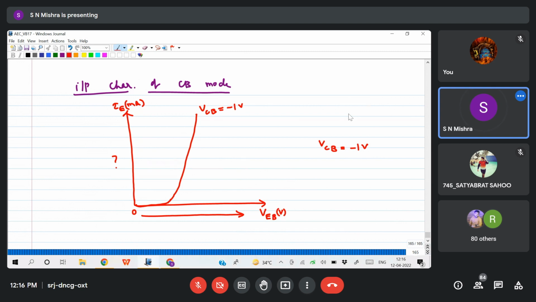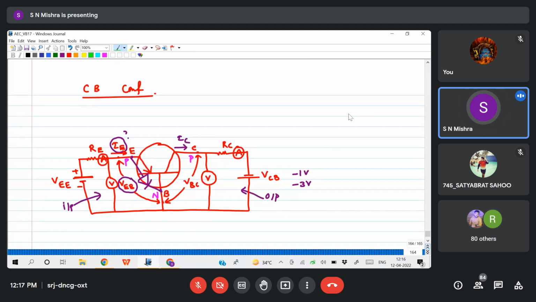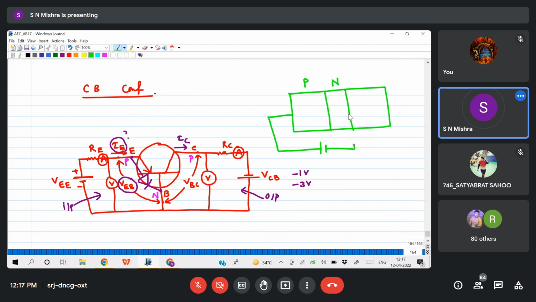Now when I increase VCB, what will happen? If you look at the diode junction, this is your PN junction, what I told you.